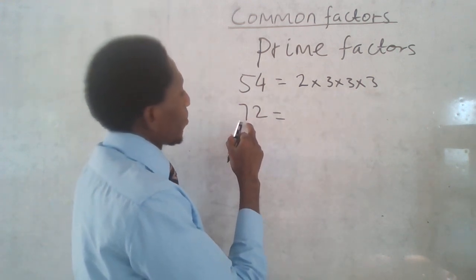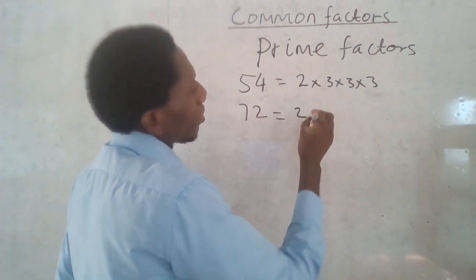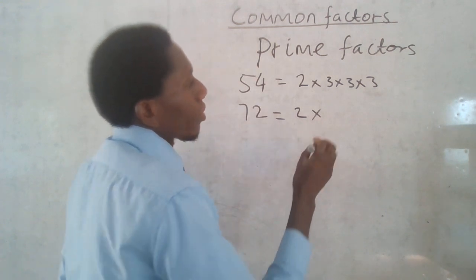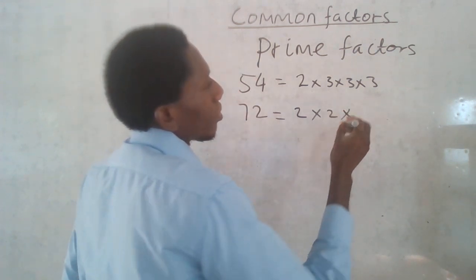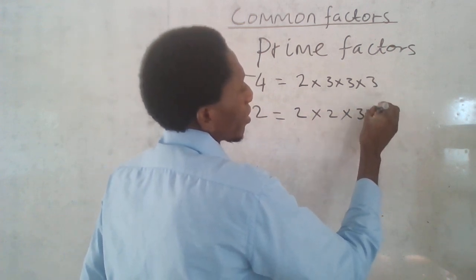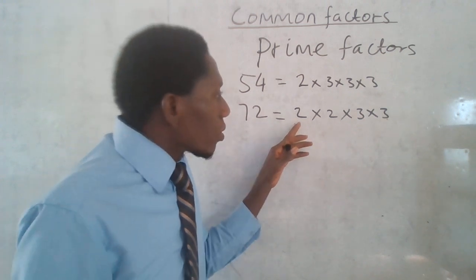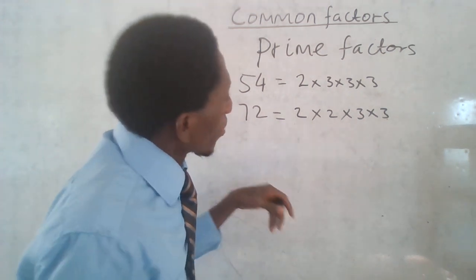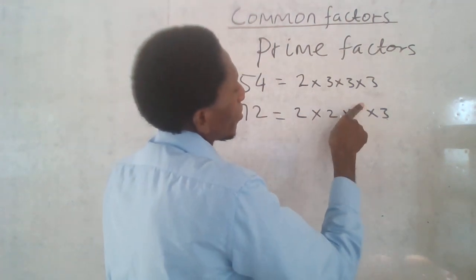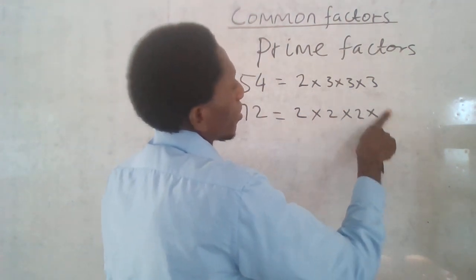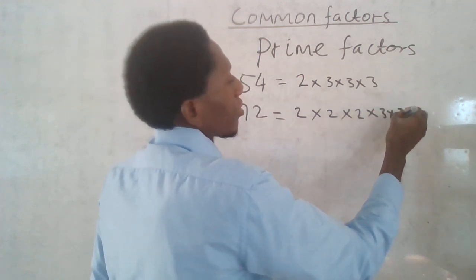Now, how about 72? 72 is 2 times 2 times 3 times 3. Okay, I forgot, there's supposed to be another 2, then times 3, and times 3.